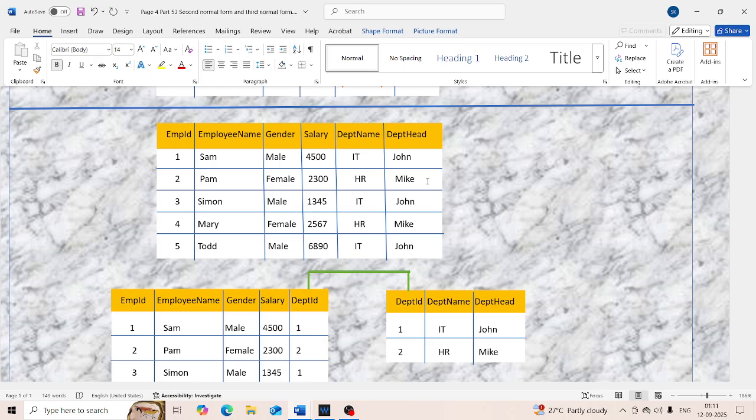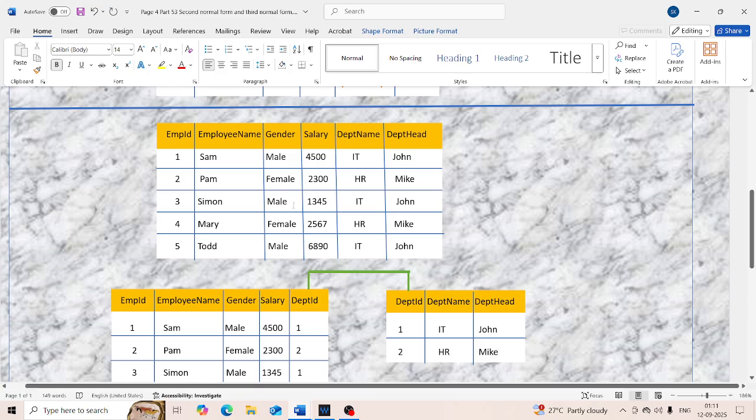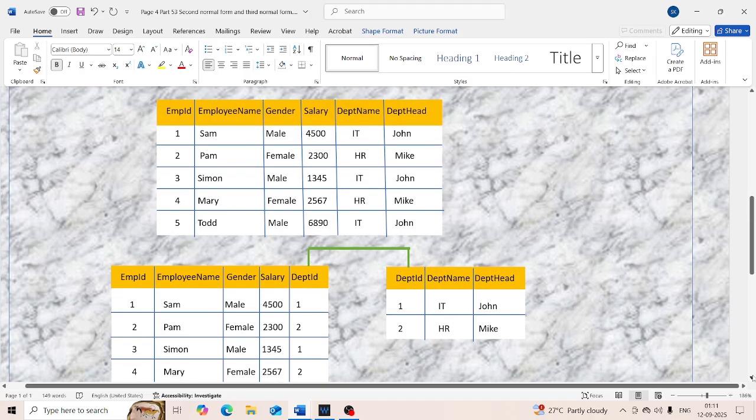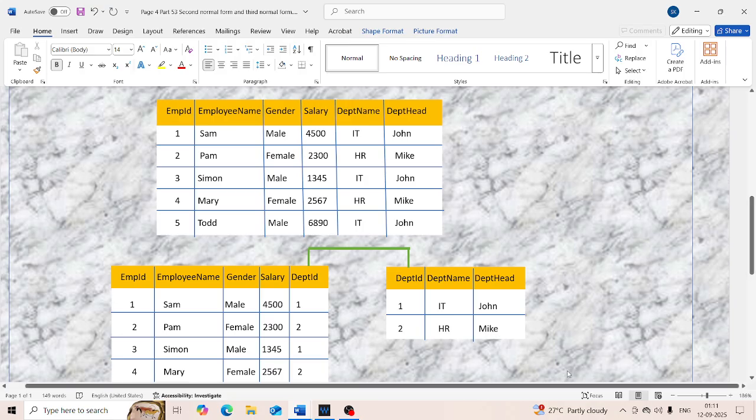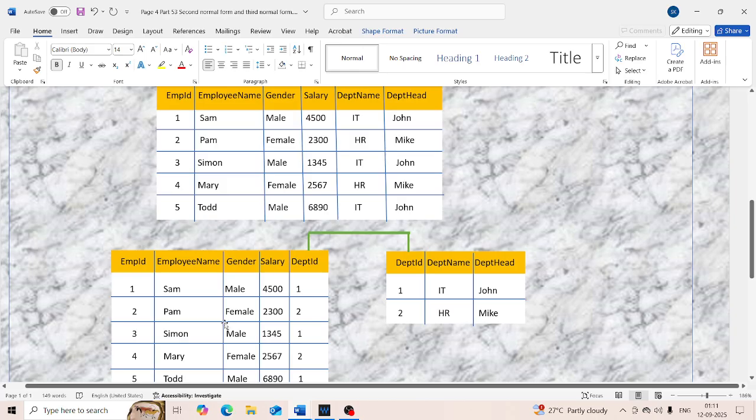So here we are breaking this employee table into two. This is the employee table, and the department table.